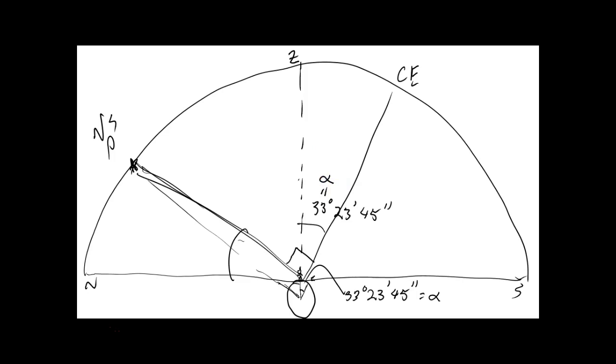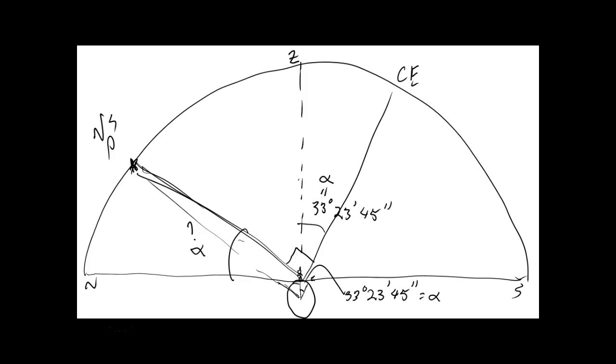Now, why would this be alpha? Or is it? Are they asking us to prove something that can't be true? Hint. What did I just say? This is 90 degrees here, isn't it? All right?